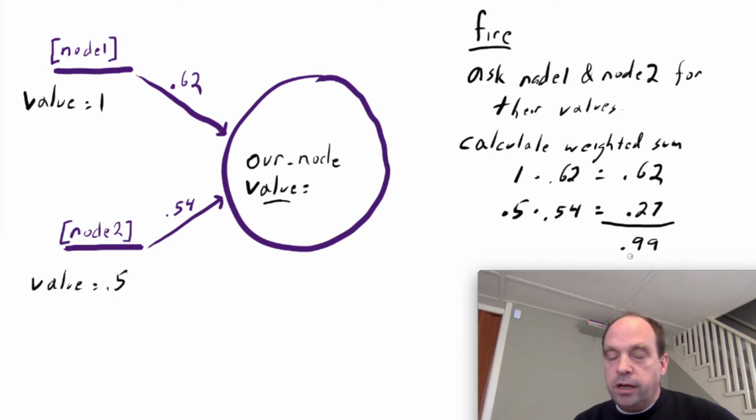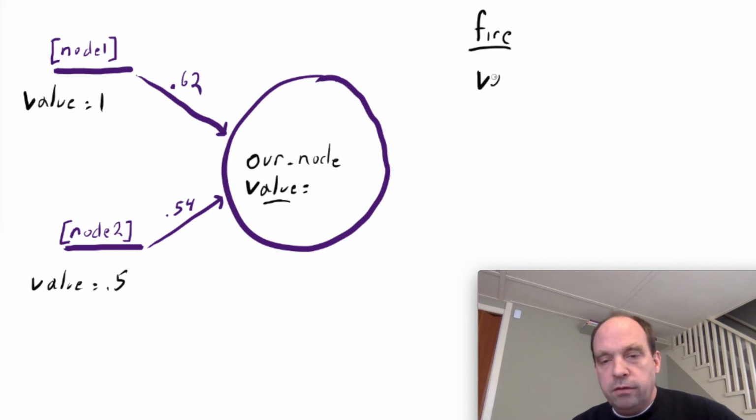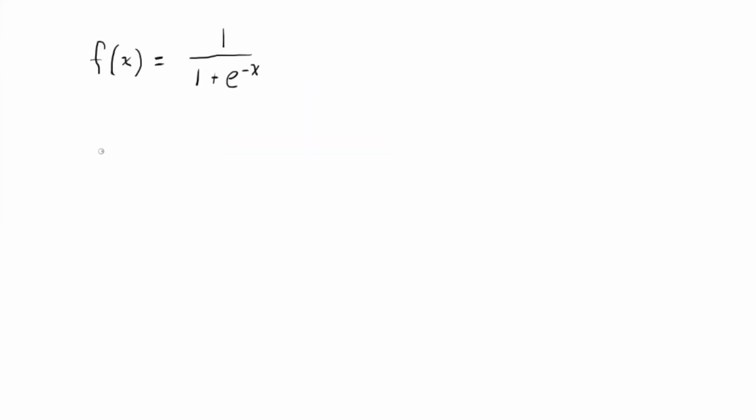The sum could be greater than 1, but we're going to pass this value to our activate sigmoid function to normalize it between 0 and 1. The value of our node is the output of activate sigmoid when we pass it the value of 0.99.